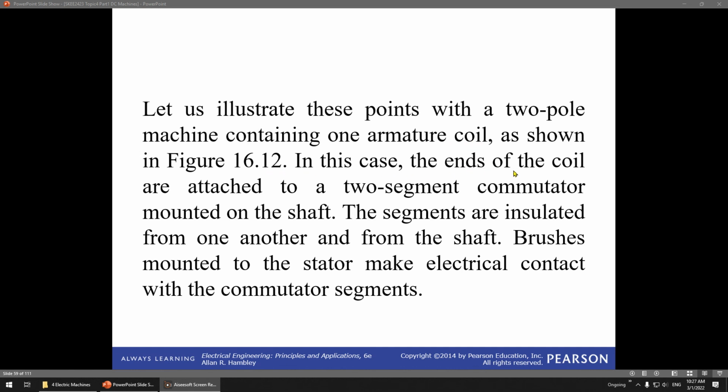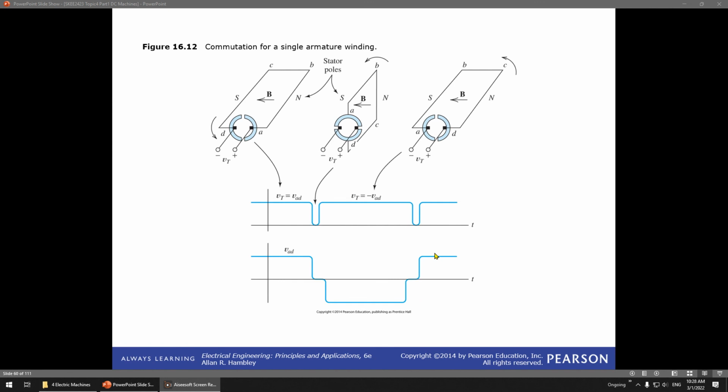In this case, the ends of the coil are attached to a two-segment commutator mounted to the shaft. The segments are insulated from one another and from the shaft. Brushes mounted to the stator make electrical contact with the commutator segments. Maybe this illustration is easier to understand.